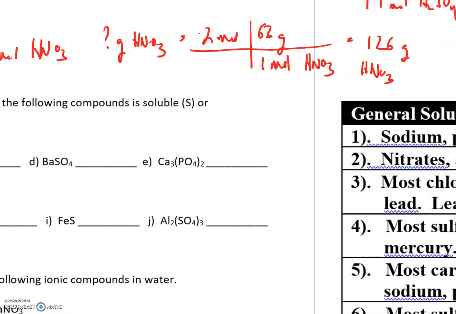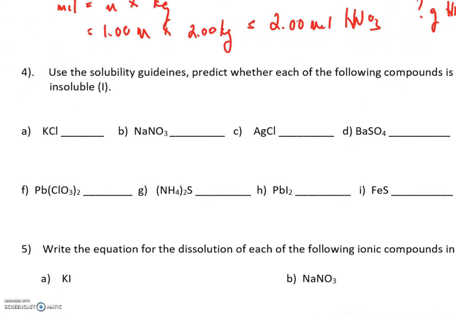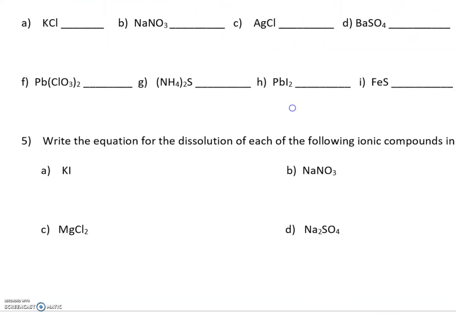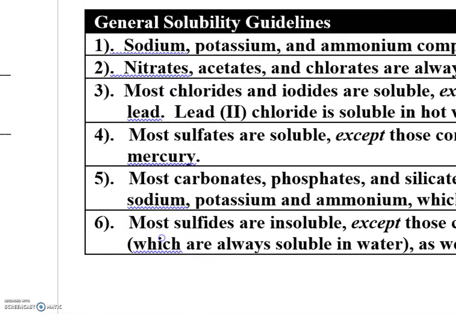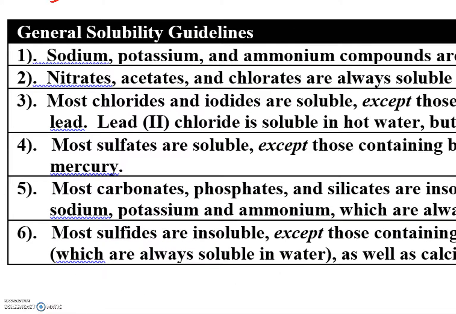All right. Okay. This is number 4. And it says, using the solubility guidelines, predict whether each of the following compounds is soluble or insoluble. Okay. We can make this go really fast. Check this out. Anything that has sodium, potassium, and ammonium in it is automatically soluble. Automatically. Means it is not going to form a precipitate.